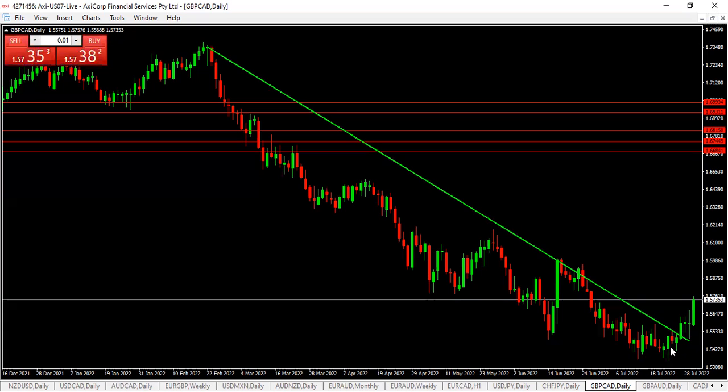First of all, it formed a double bottom with the engulfing candle pattern as the confirmation candle at the area of support. And this trend line was a descending trend line because the market was selling. The sellers were dominating. Then the buyers decided to take charge. The buyers actually broke the trend.